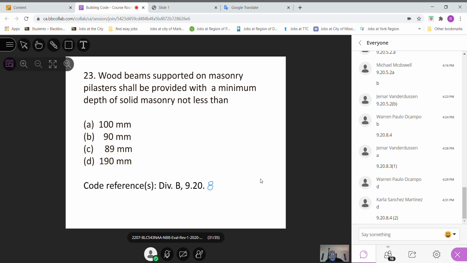Correct. You see, it's getting better. Trying and reading gets better and better, and then one day you'll be an expert. You just know where to go to find the stuff. When you read 9.20.8.4.2, it says at least 190 solid masonry depth. Yep, solid masonry.